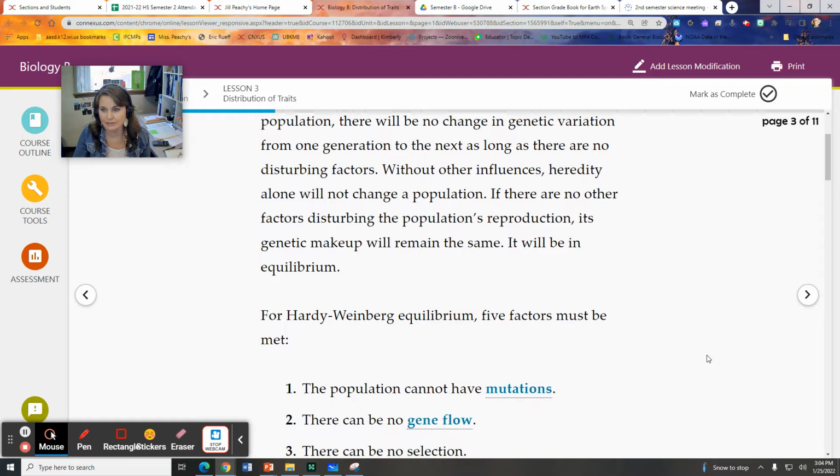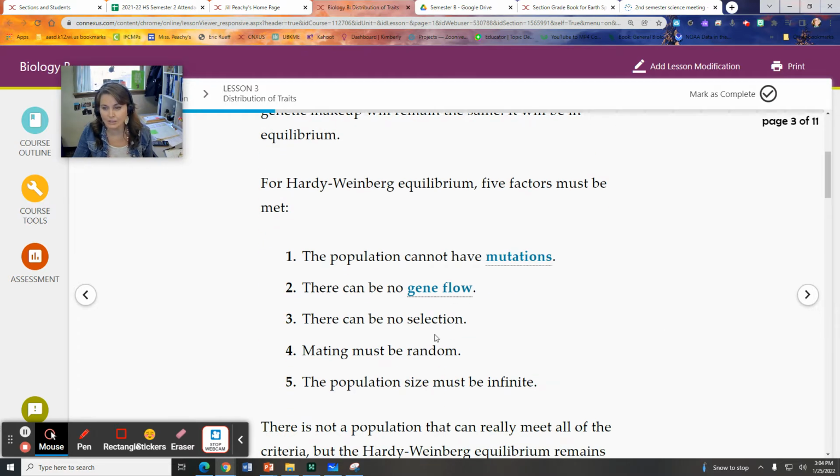What they hypothesized was that there must be specific factors in place in order for evolution not to happen. Essentially, evolution's always going to happen unless these 5 factors are being met, all 5 of them. So you can't have any mutations at all. There can be no gene flow, no immigration, no emigration from a population.